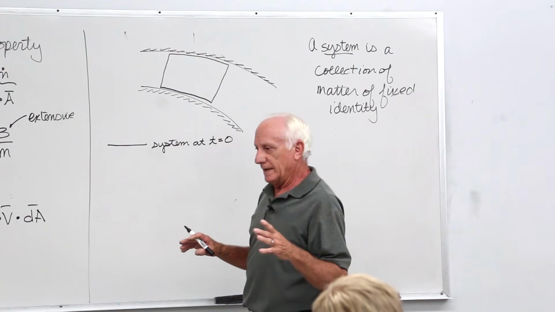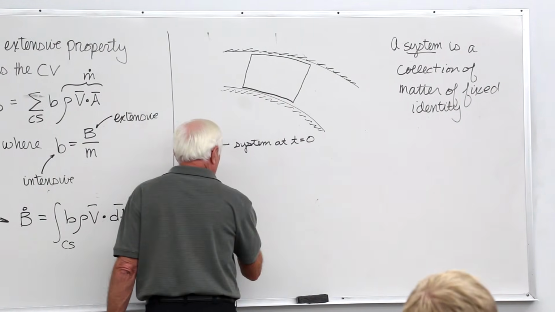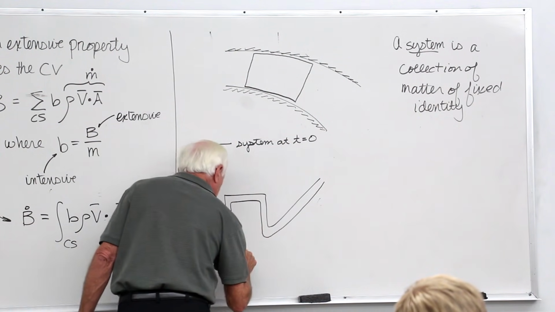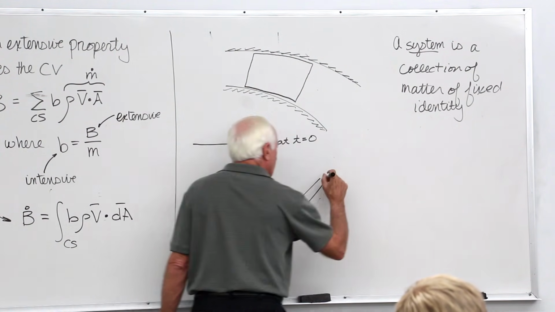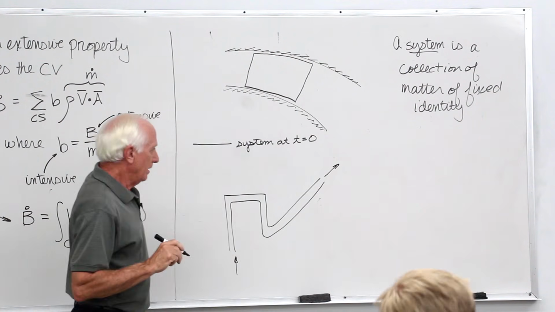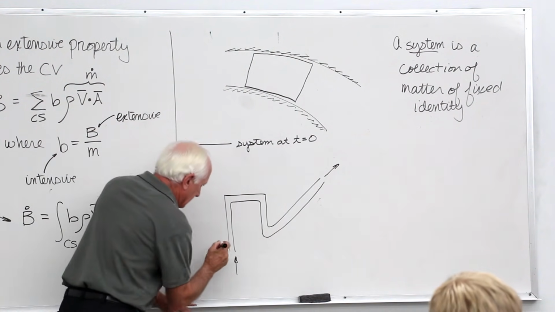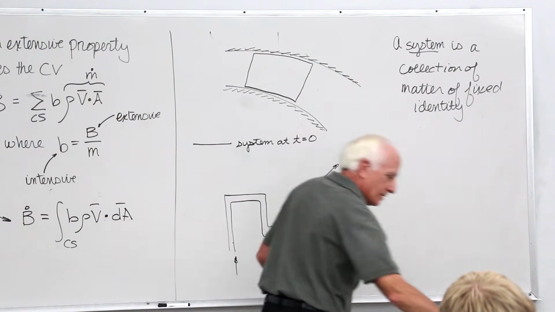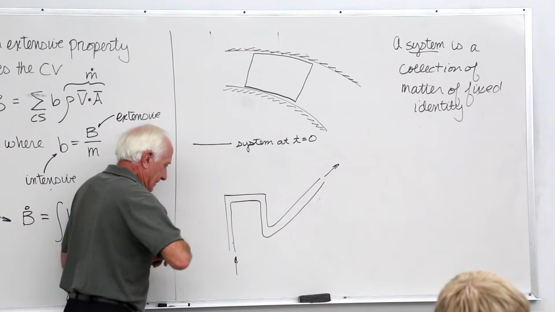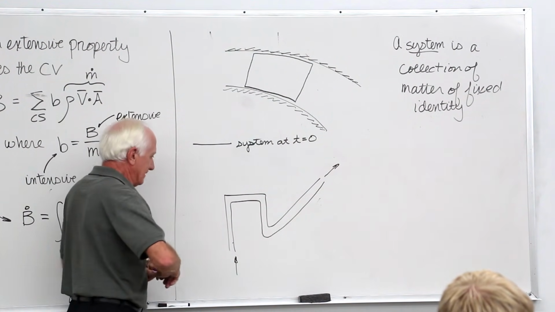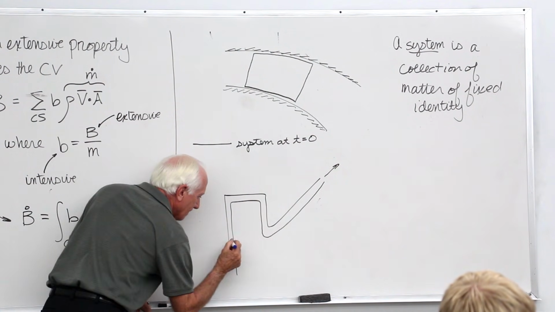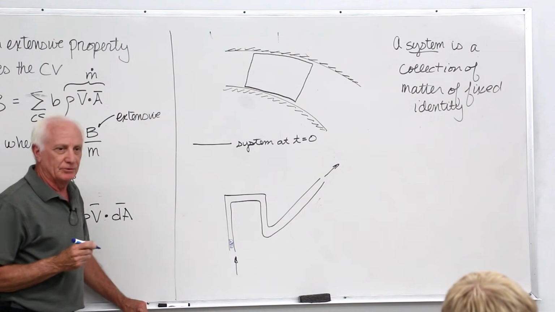So, if I had a pipe system like this, where the flow comes in here and the flow goes out up here somewhere, if I want to do a system, I'll say, okay, I'm going to take these particles and I'm going to spray paint them maybe green. So here is a system at time t equals 0.